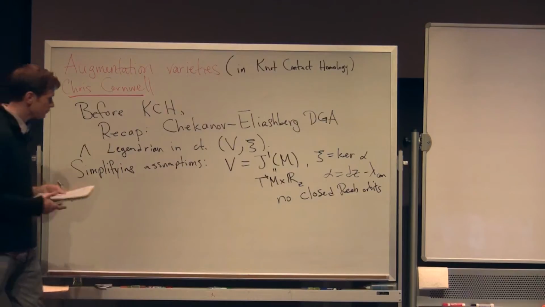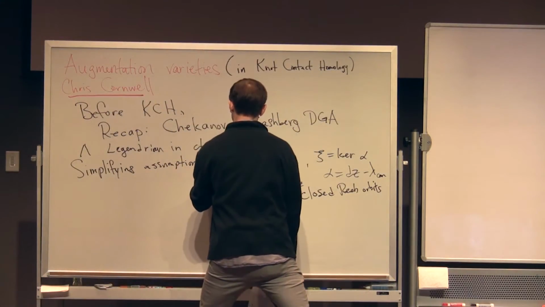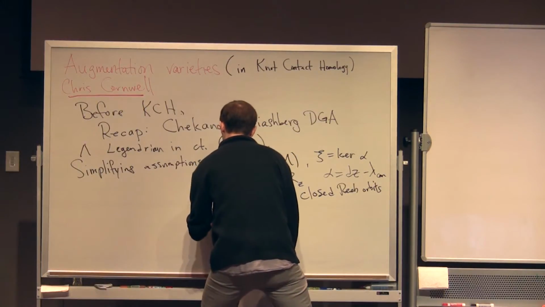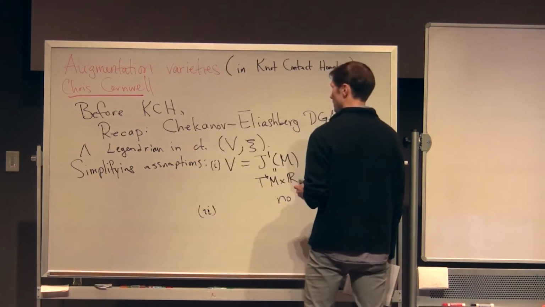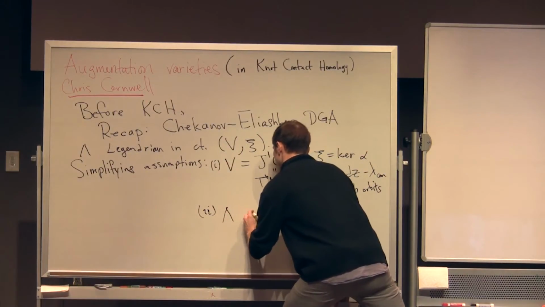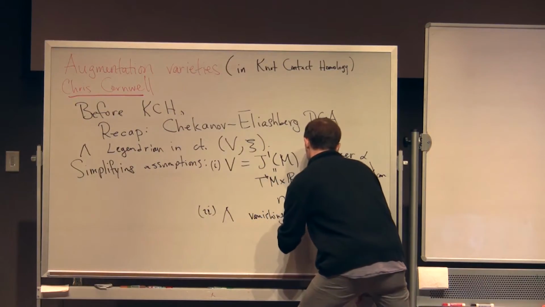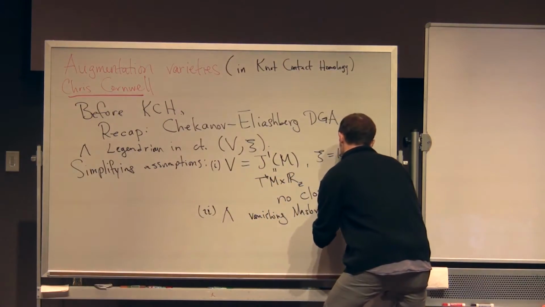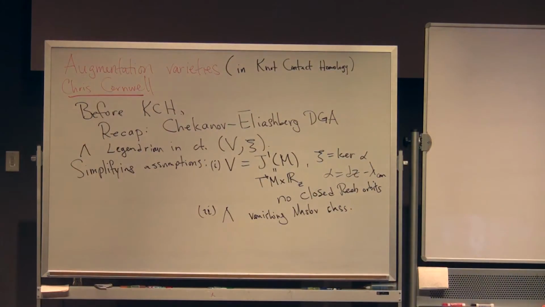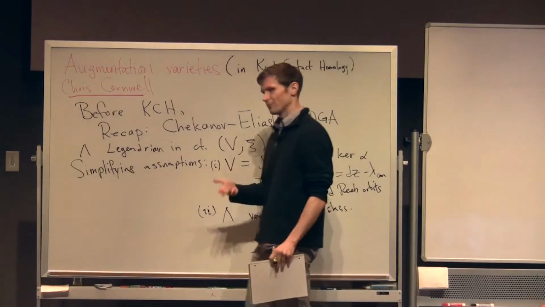The second assumption is that I want my Legendrian to have vanishing Maslov class. If this were a Legendrian link in dimension 3, this would be saying that the rotation number is 0.